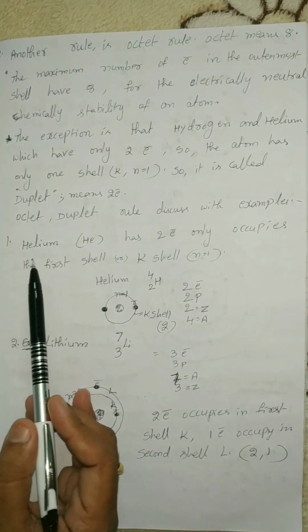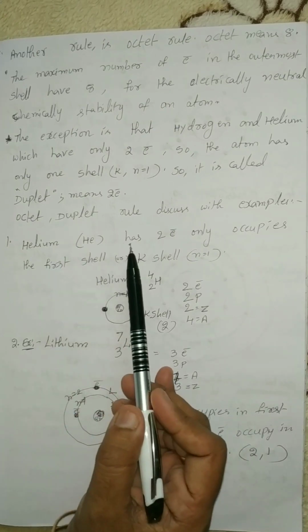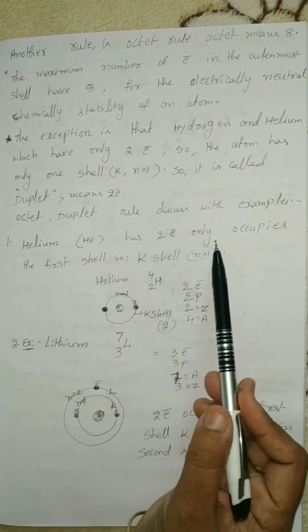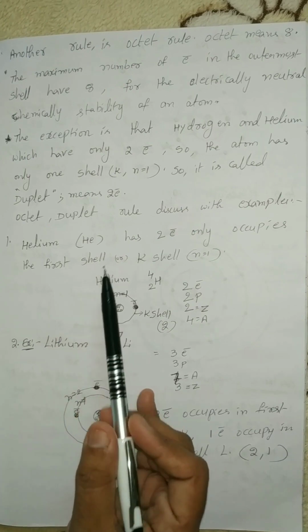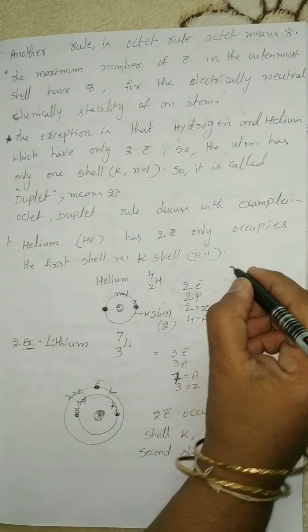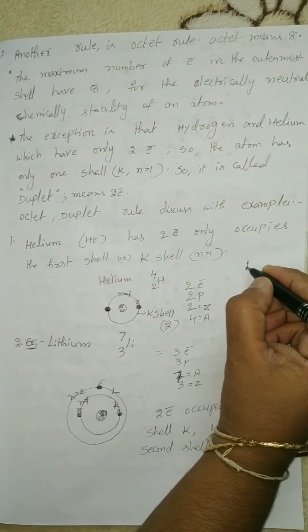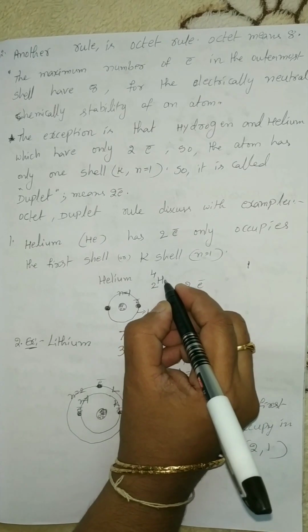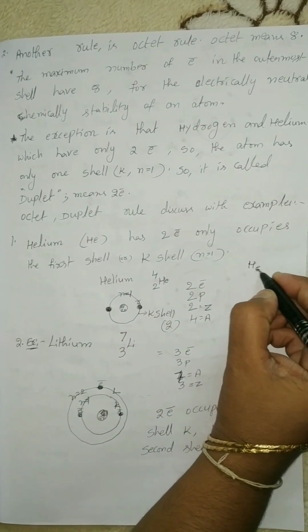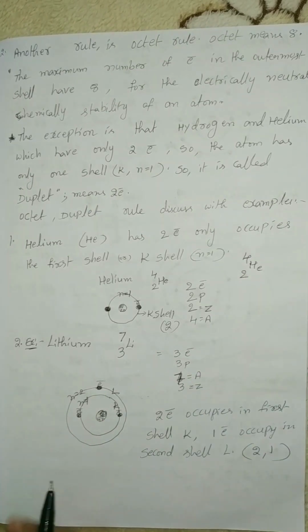First one, helium. Helium symbol is He. Helium has 2 electrons and only occupies the first shell, or K shell. We know that helium atomic number is 2 and mass number is 4.